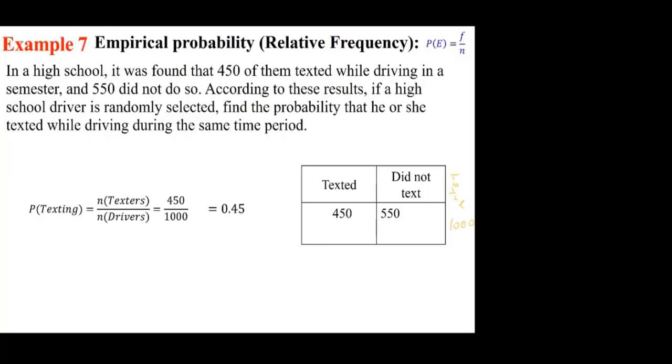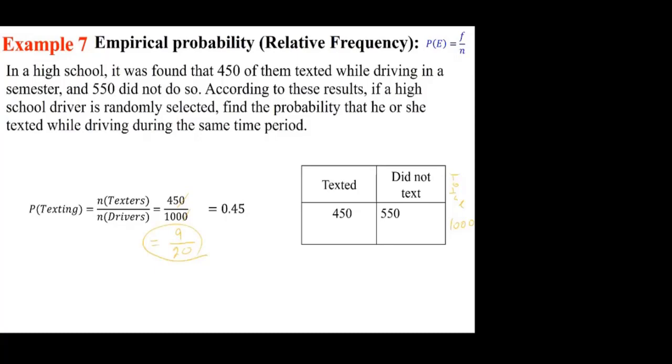Now notice, of course, you can write it as 0.45. If you want to keep it as a fraction, it's absolutely fine. You get 45 over 100. And then you can divide the top by 5 and the bottom by 5. So if you want to report this as a fraction, perfect. Make sure you have 450 over 1,000 so your reader can see where you get the numbers from, and then the simplified version.